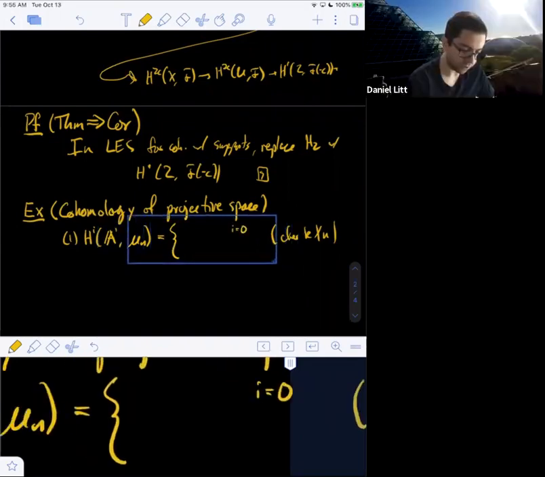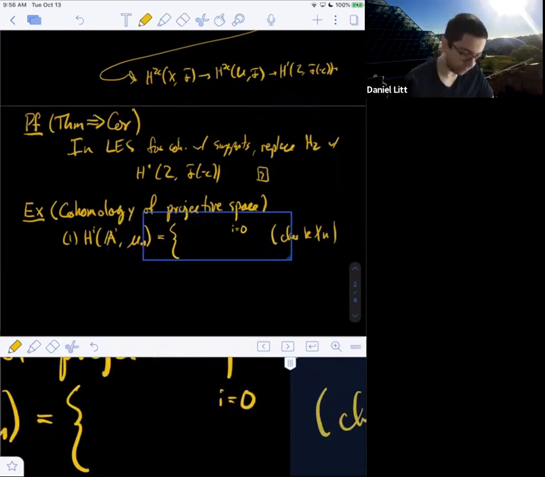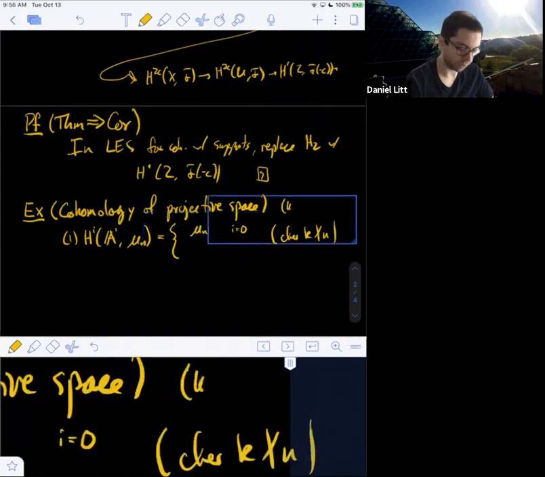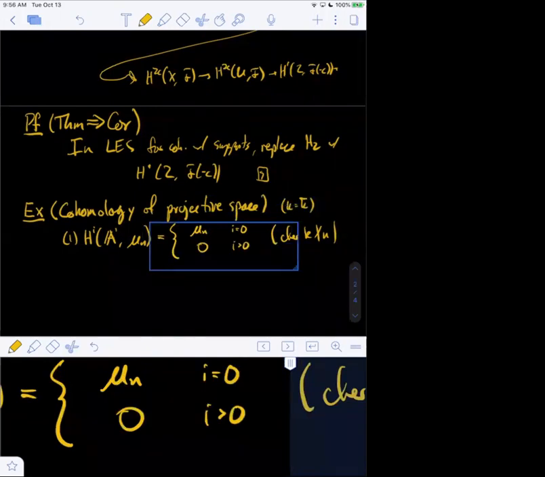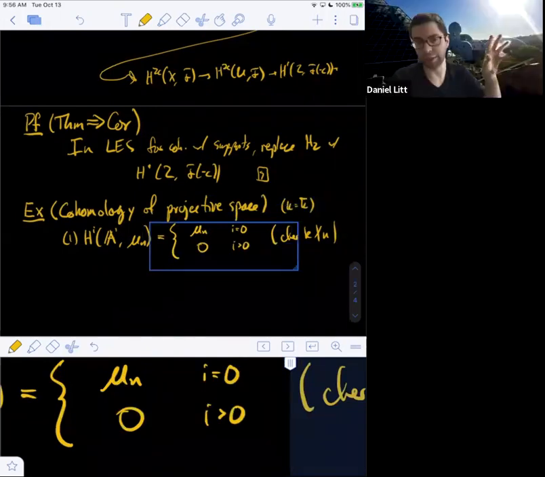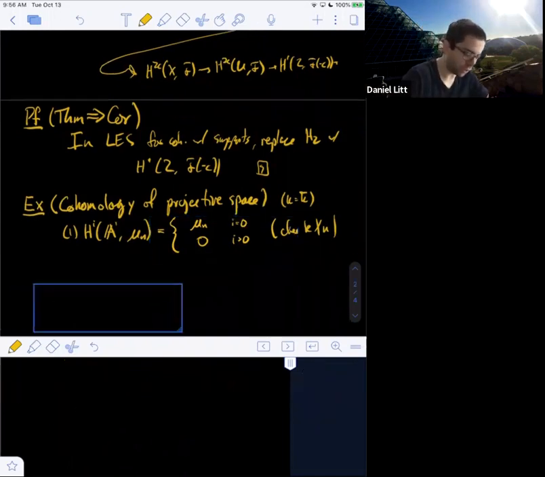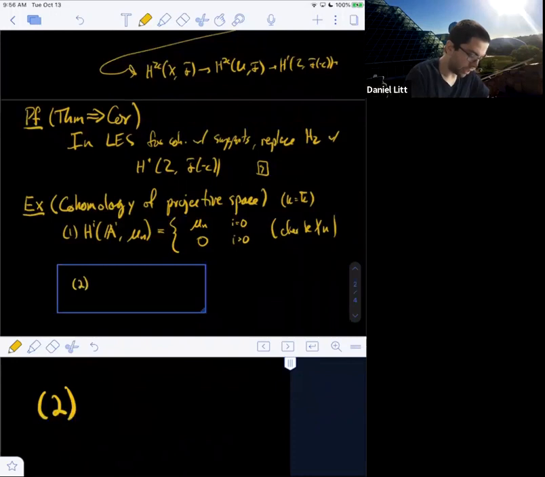Yeah, so for i = 0, with Z mod nZ coefficients it would be Z mod nZ; with mu_n coefficients it's mu_n. Maybe just to be clear, I'll say k is algebraically closed. And then for i bigger than 0, it's just 0. And why is that? Well, we had this long exact sequence from the Kummer sequence, right? Which related the cohomology of mu_n to the cohomology of G_m. The cohomology of G_m vanished in degree bigger than 1 and was just Pic in degree 1, and Pic of the affine line is 0. So that's why.